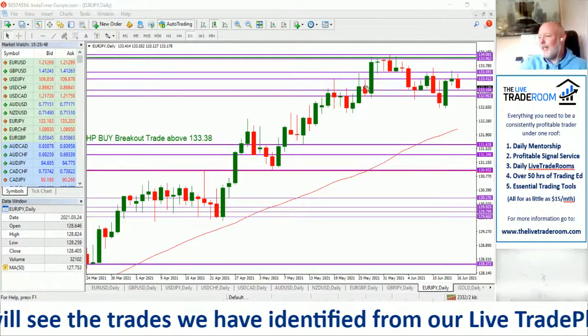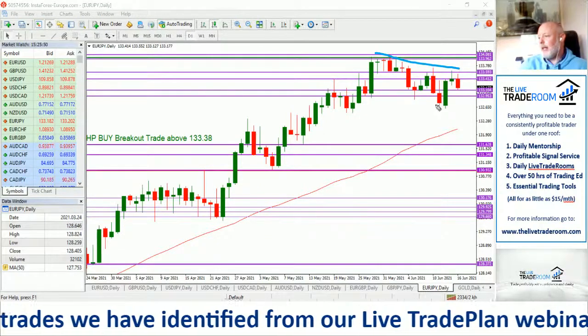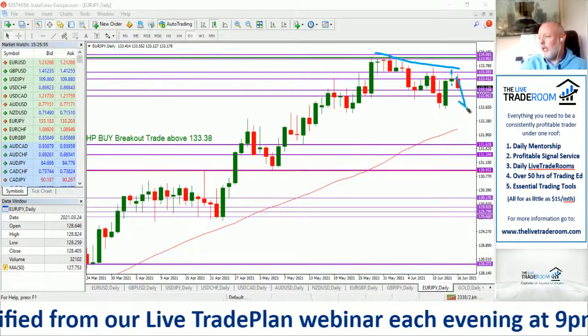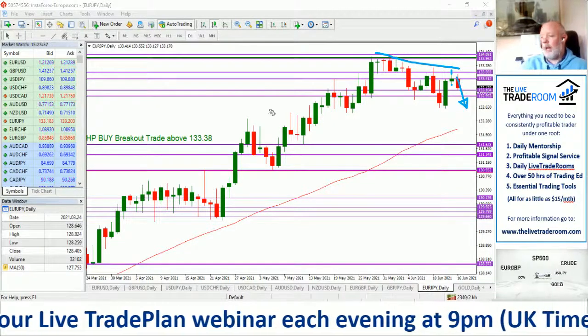So there's an argument to sell the euro yen to the downside. There's your indecision candlestick. It's almost a standalone type trade.